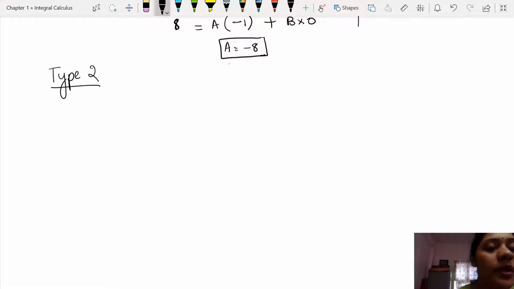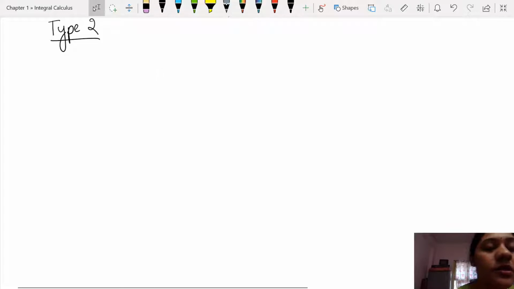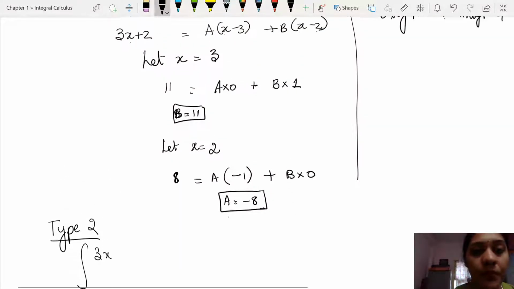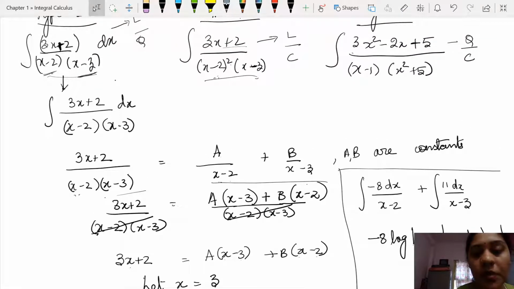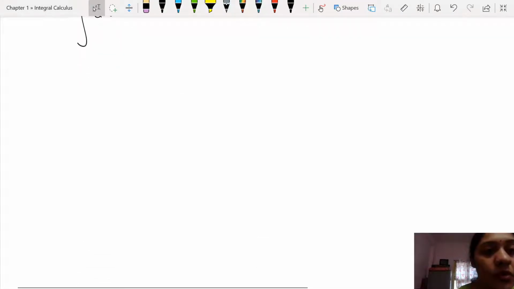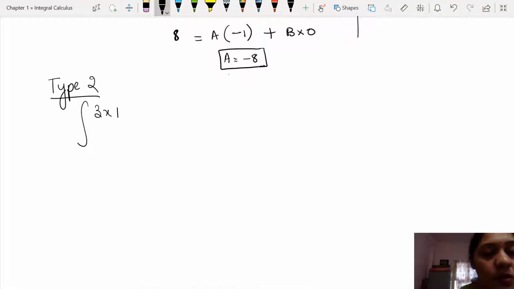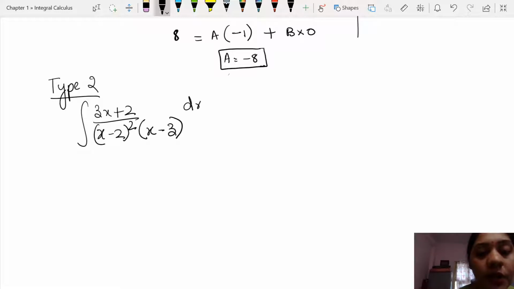In type 2, it is a similar question where it is integral 3x plus 2 but with a whole square. So let's see what to do there. 3x plus 2 divided by x minus 2 the whole square into x minus 3. This is what you have into dx.